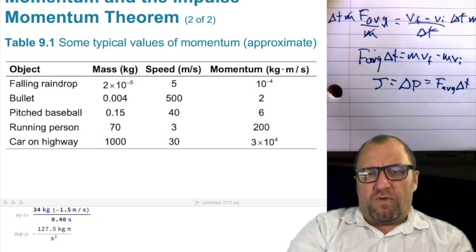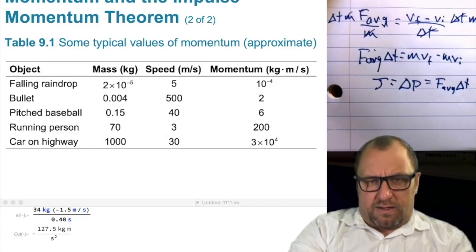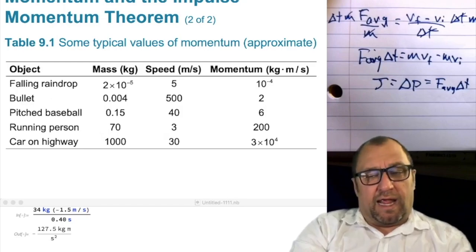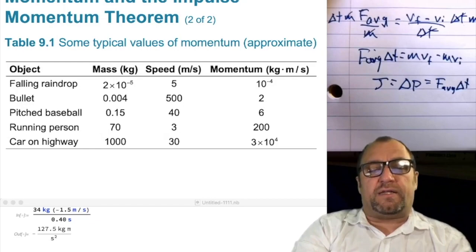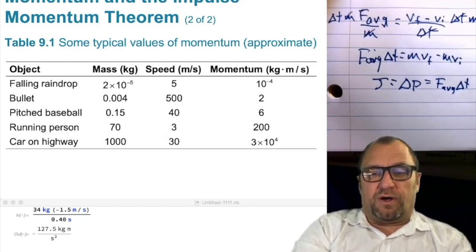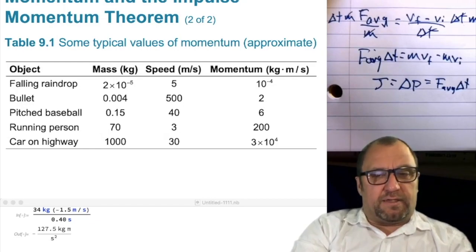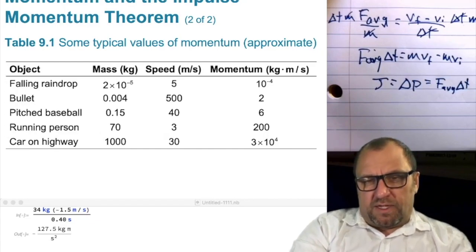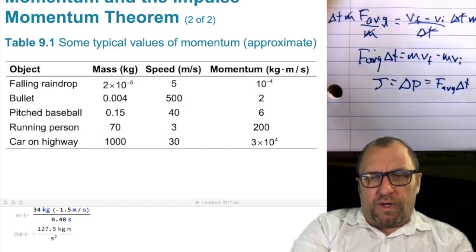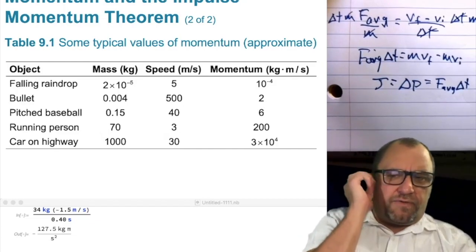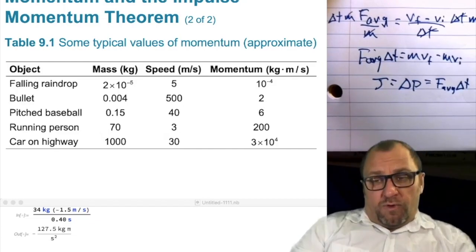For a bullet, 500 meters per second, this gives us a momentum of 2 kilograms times meters per second. A pitched baseball has more momentum than a bullet, or a running person. If you're running, you've got more momentum than the bullet.